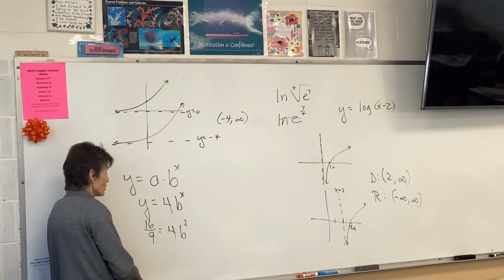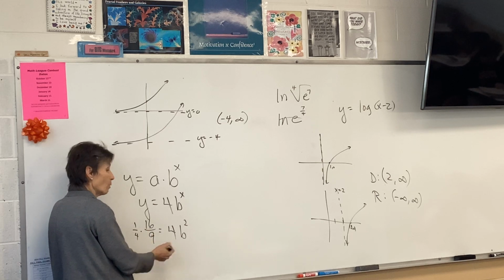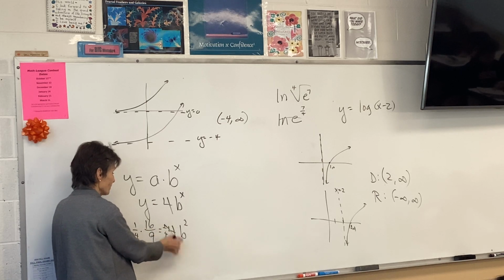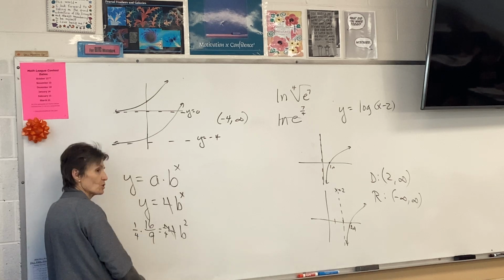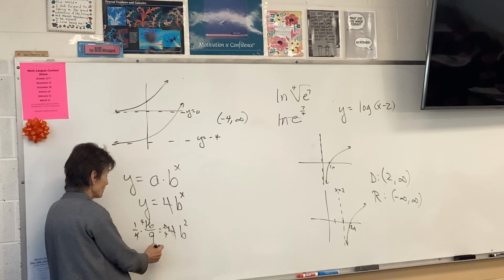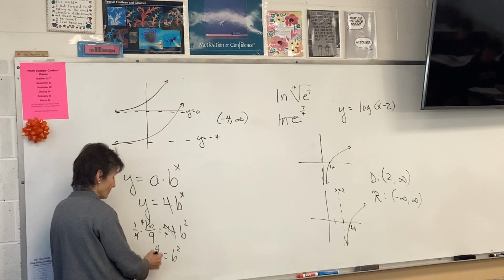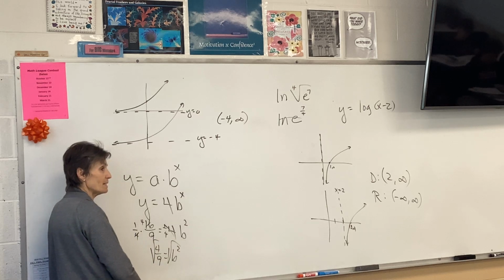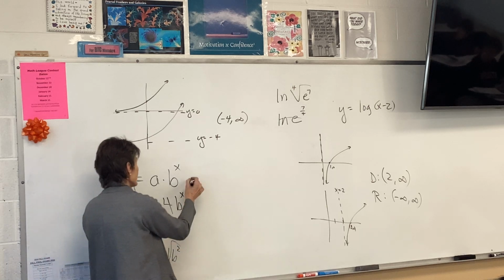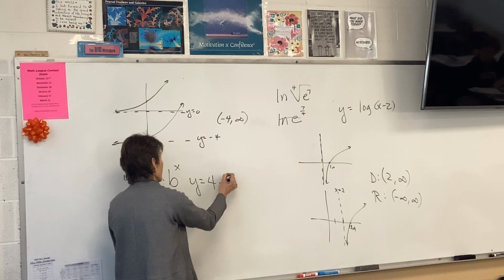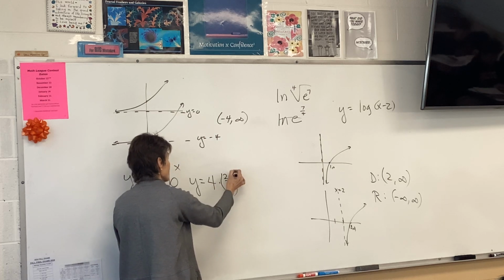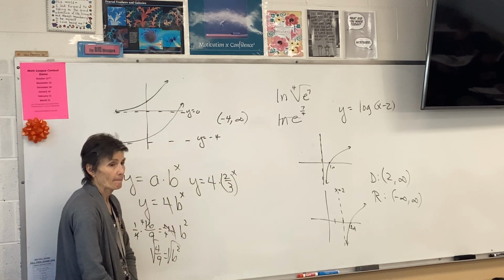I'm going to multiply by a fourth, since that's a fraction. That's going to cancel, and we get 4/9 equals b squared. Take the square root of both sides, so b equals 2/3, and my answer is 4 times 2/3 to the x.